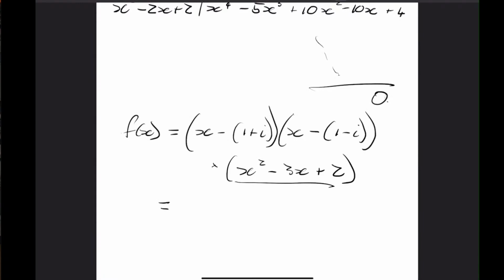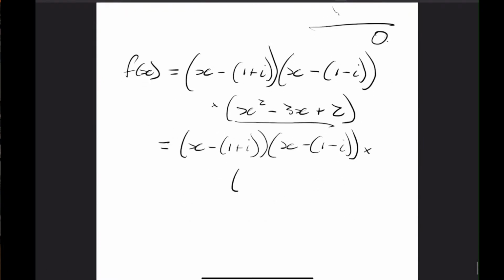Oh, that one factorizes fairly easily: x minus 2 times x minus 1.